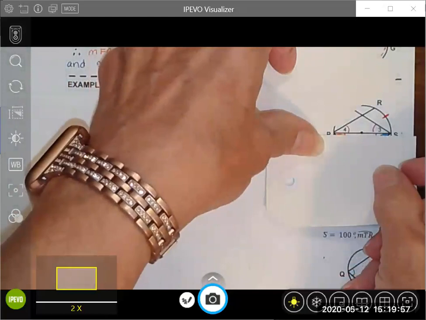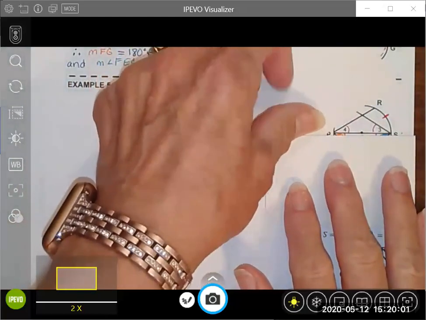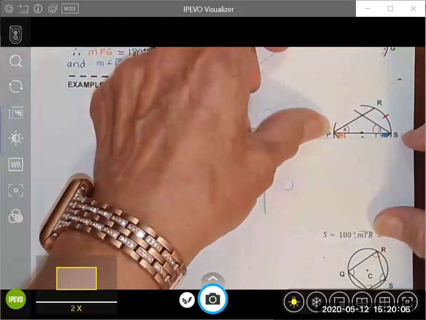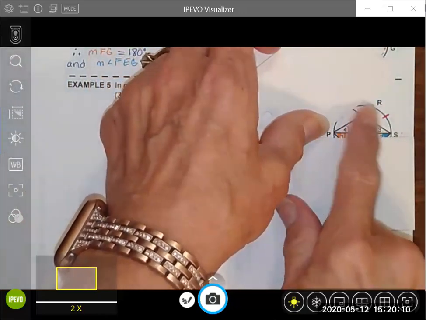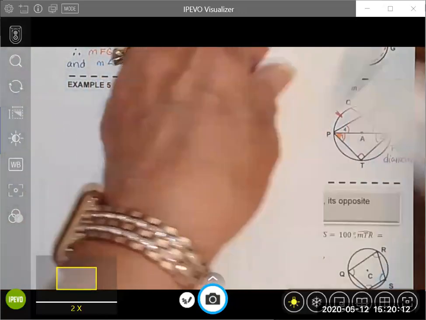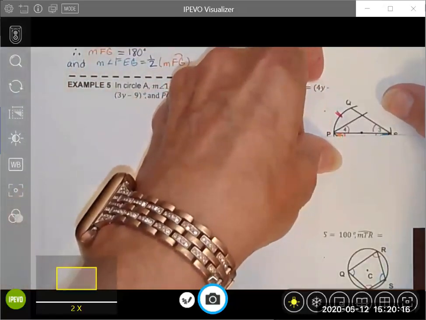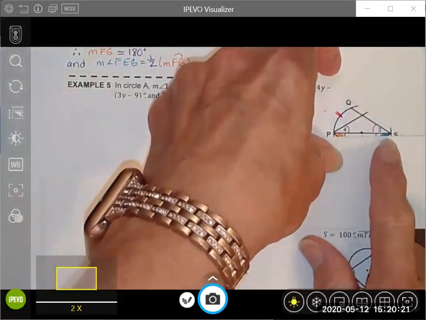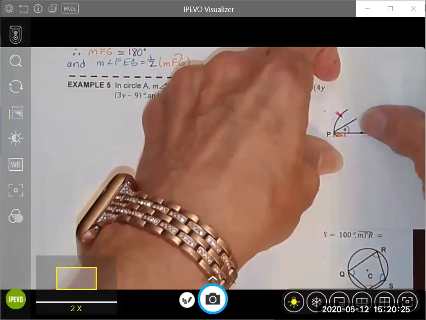If I look here at just the angle, RPS is an inscribed angle, and its intercepted arc is RS. I also note that angle PSQ, from P to S to Q, is inscribed. S is on the circle, and its intercepted arc is PQ.